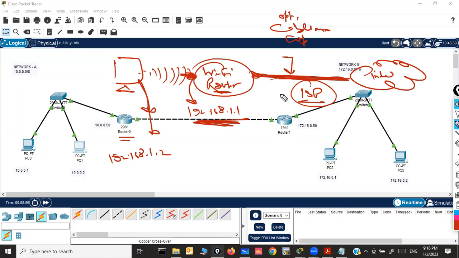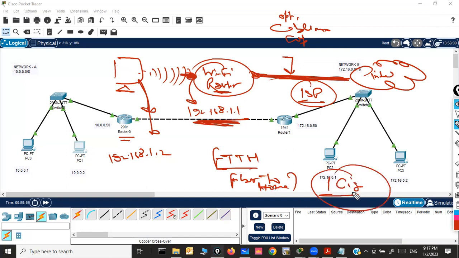It varies from region to region, but most probably nowadays everywhere there is optical fiber cable or FTTH technology, fiber to the home. Internet speed has gone up to 1 gig even. Here in India, 200 Mbps and 500 Mbps internet is very popular.